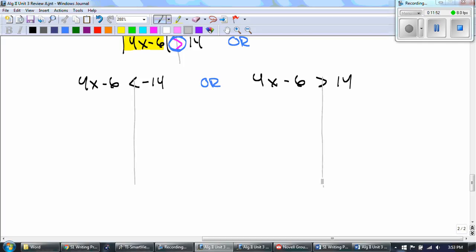And now we solve. I need to add 6. And if you notice, we're doing the same thing to both sides, both inequalities. -14 plus 6 is -8. 14 plus 6 is 20.